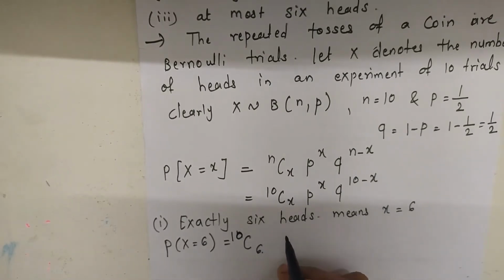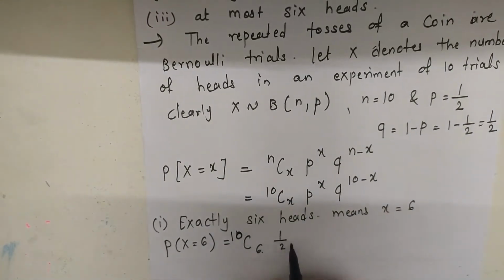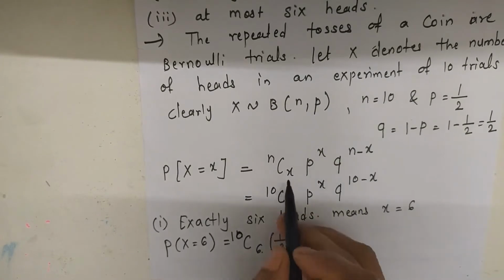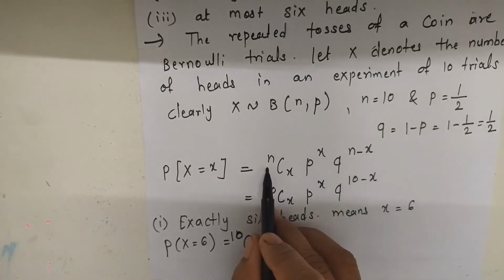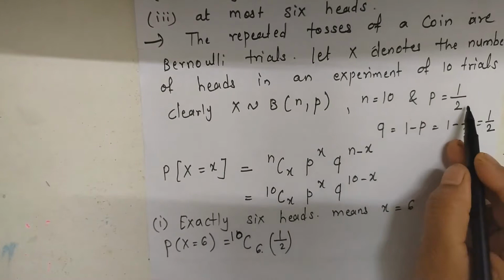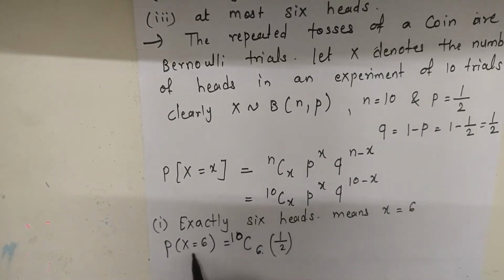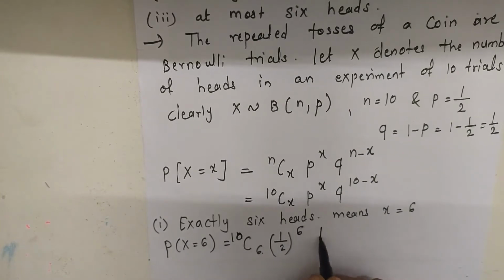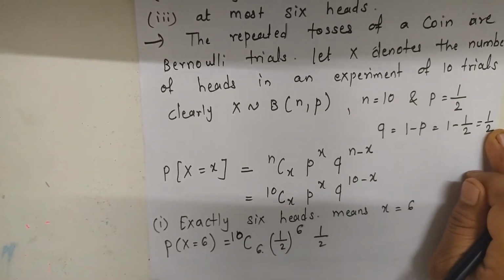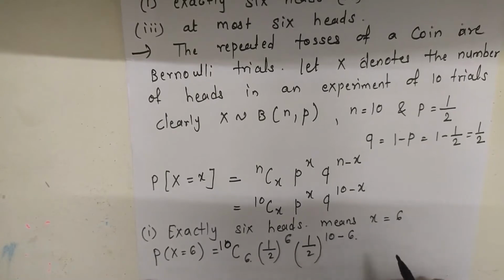The value of p is half, so half raised to x. Using this formula, n is equal to 10, x is equal to 6. So putting this in, 10C6, p raised to x, where p means the probability of head, 1 by 2 raised to 6, and q means the probability of tail, half raised to n minus x, that is 10 minus 6.